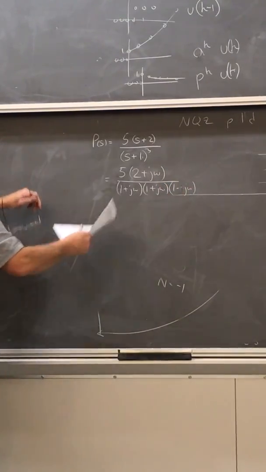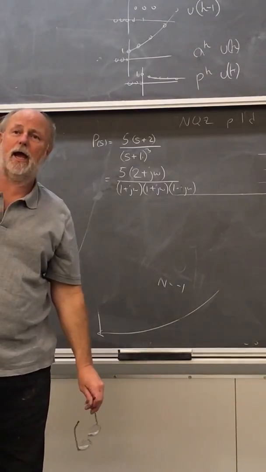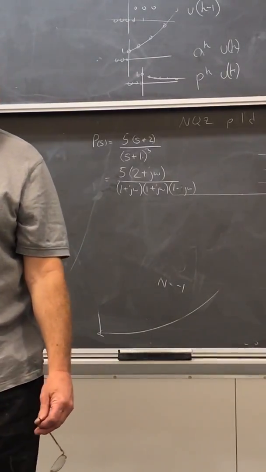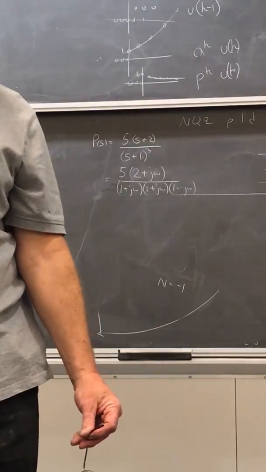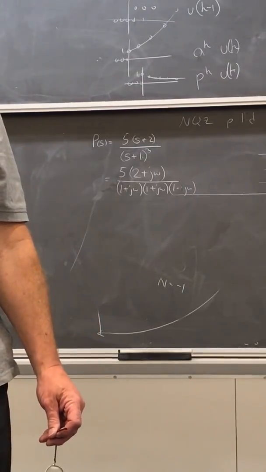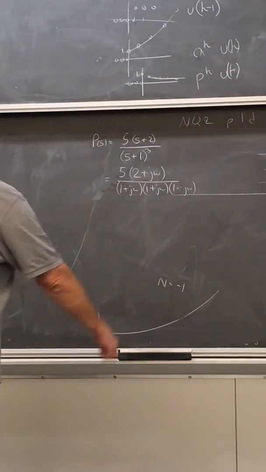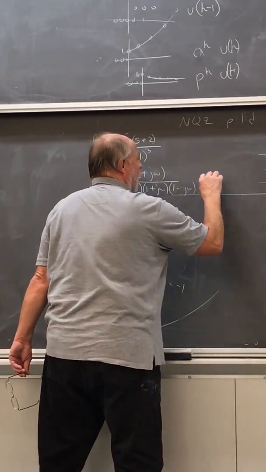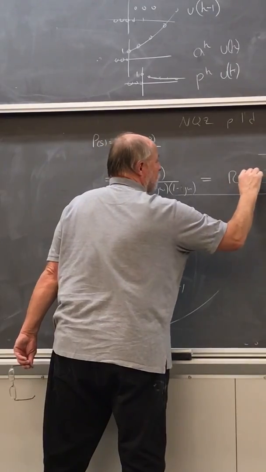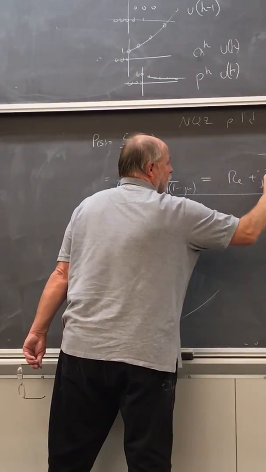Can you put that in your calculator with omega as an unknown or a variable? Sure. If you can, then literally all you do is put in different values of omega and get out of this a real number plus an imaginary number.